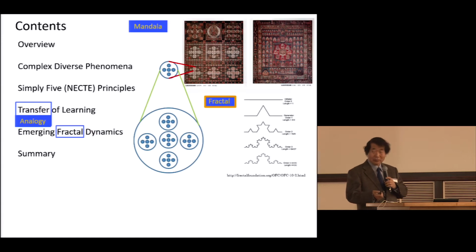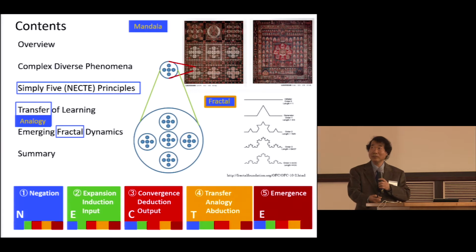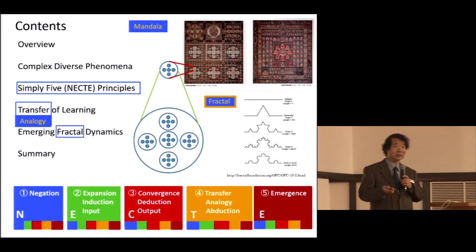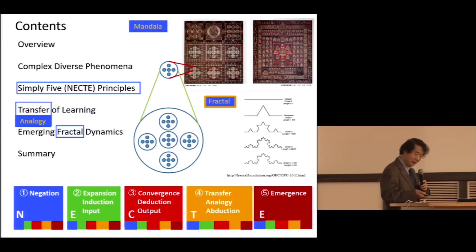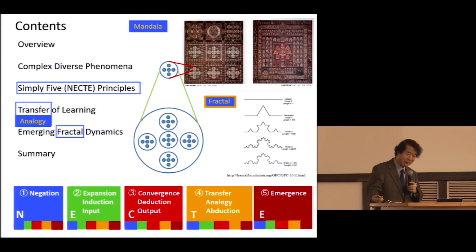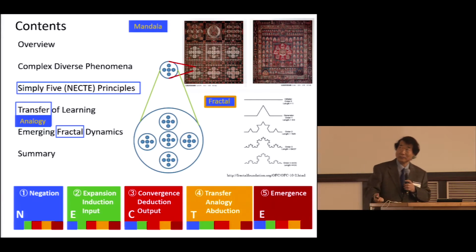In the present talk, I'd like to emphasize the existence of simply 5 principles. Kindly, Professor Tesso the other day suggested to me the pronunciation of Necte principles. It corresponds to 5 different steps, starting from negation, expansion, convergence, transfer or analogy, and finally, emergence.